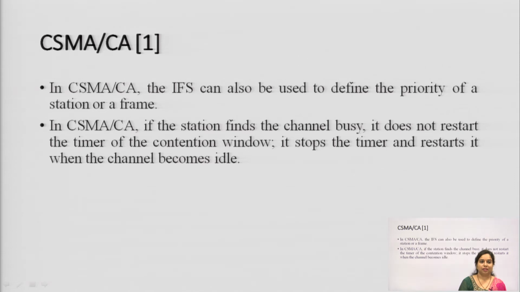Whenever we see, there are 2 cases. In the first case, when the collision detection is there, we cannot avoid or remove the collision; we have to just abort that particular packet.